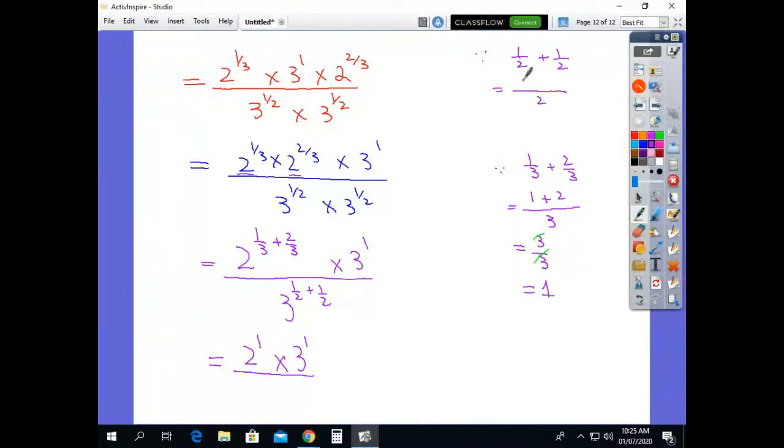If we take the LCM, it again becomes 1, that is 2 by 2 becomes 1. Therefore, we write here 3 raised to power 1. 3 raised to power 1 in the numerator and 3 raised to power 1 in the denominator cancel with each other. We get the required result, which is 2, our required answer.